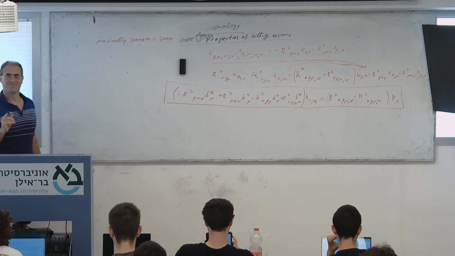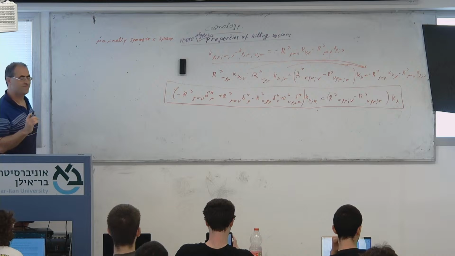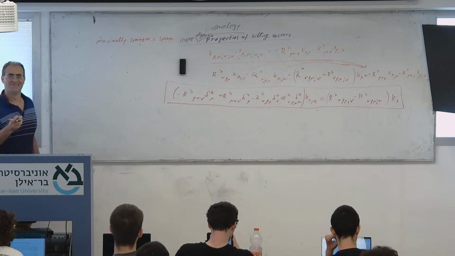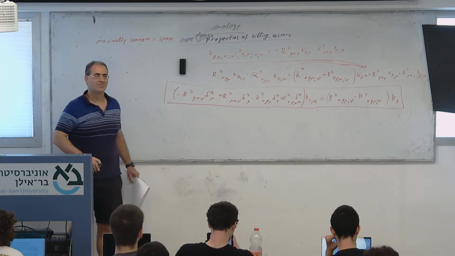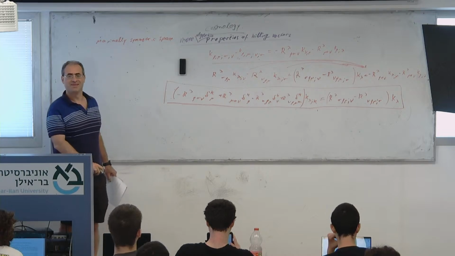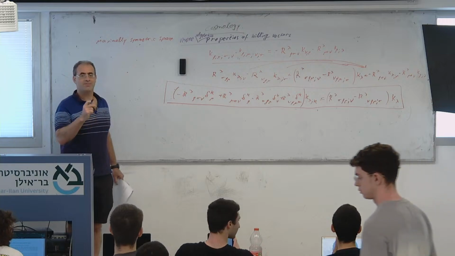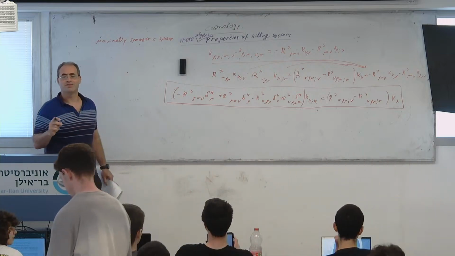The equation with 6 indices? Yes, this is an equation with 6 indices. It's confusing, yeah. Look, I told you, there are some algebraic parts here which you need to go very, very slow.